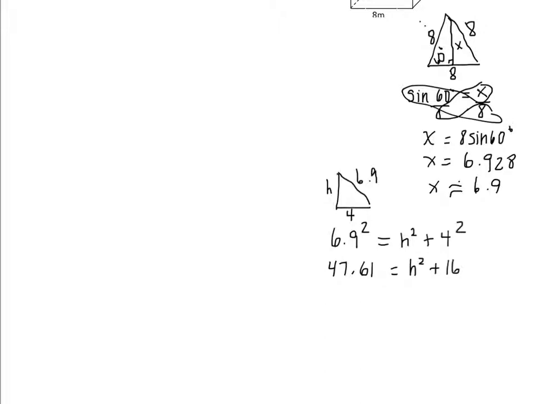So h squared would equal 47.61 take away 16, which is 31.61, and then we take the square root of that.